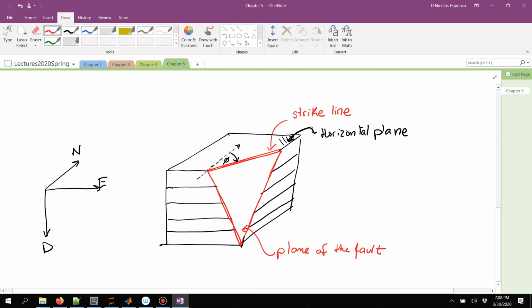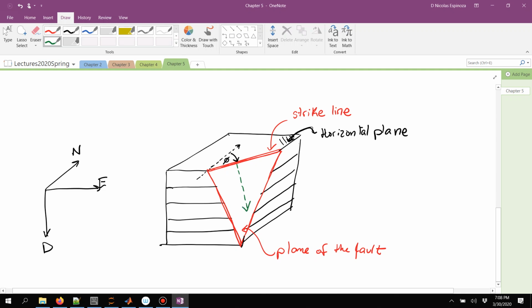All right, and there's going to be one more angle that we're going to define, which is the dip. The dip is going to be the angle between the line of the maximum slope of this plane, which in this particular example I'm going to make over here.